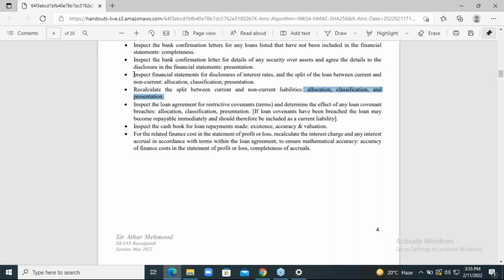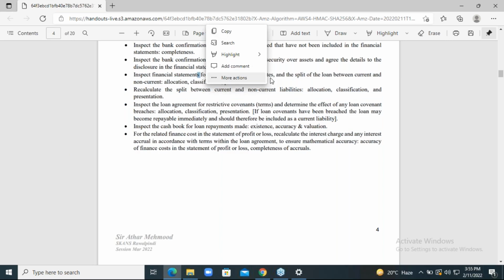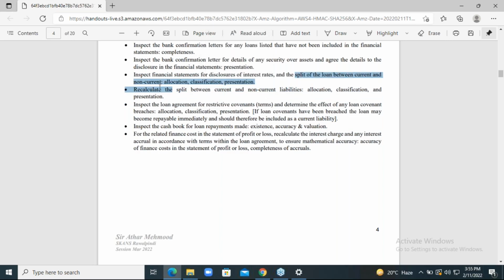You can see these procedures clearly. All these procedures are relevant to what we have discussed in that table: restrictive covenants, cash book, finance cost, calculation of finance cost, interest rate. You can see disclosures, split between loan, current and non-current. So all these words are used.